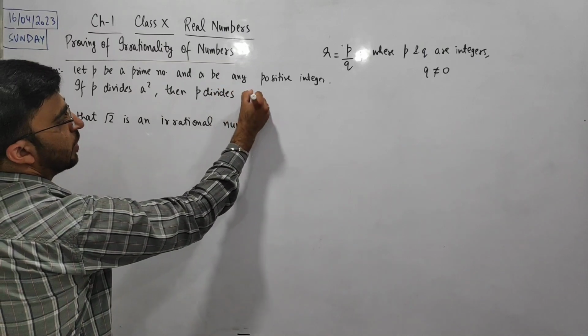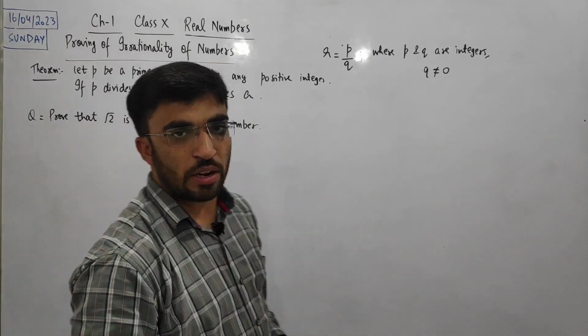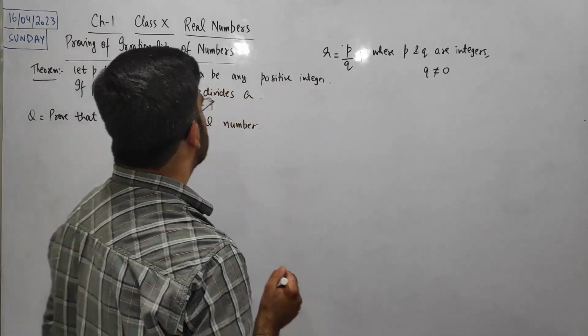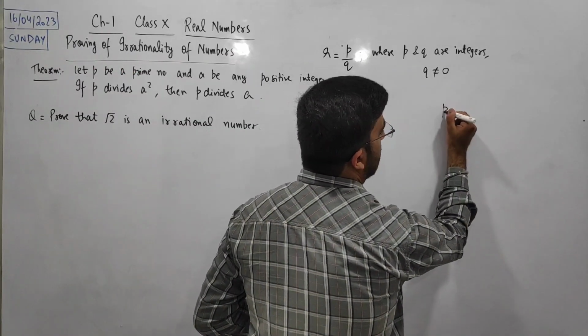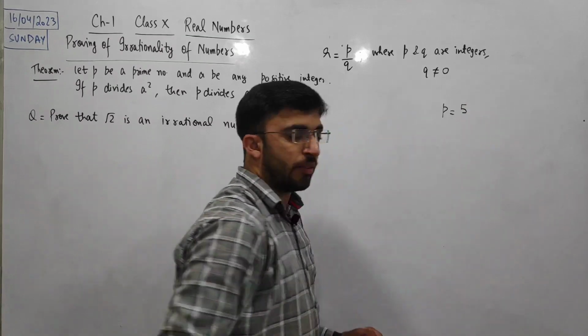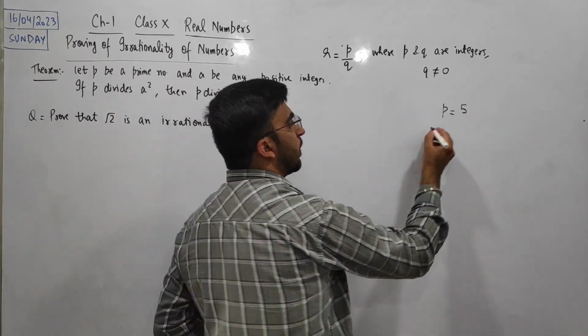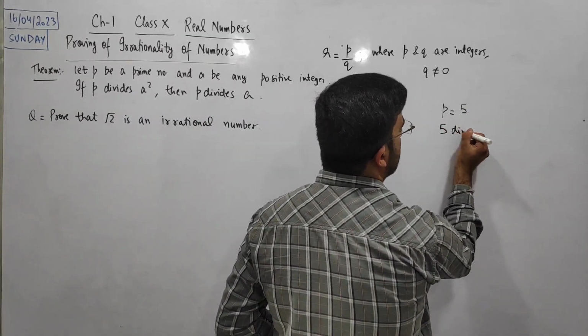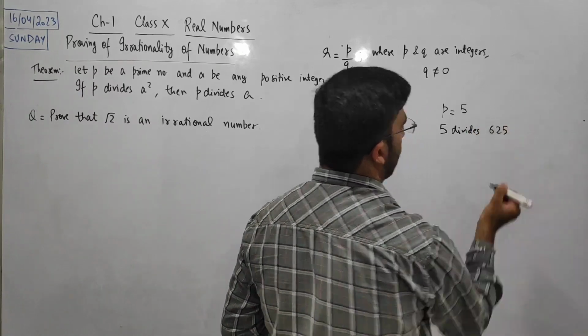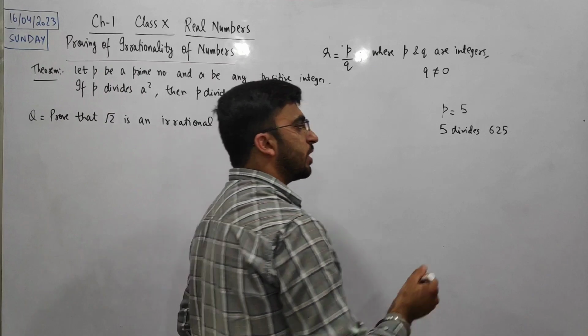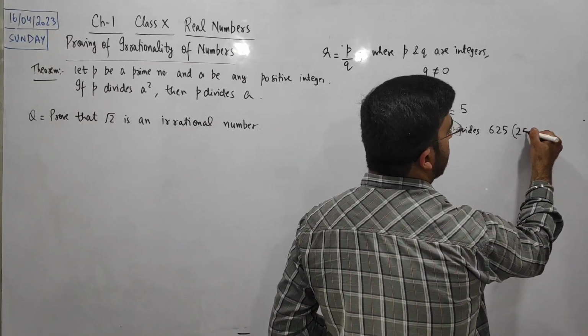Let us see this with an example, then you will understand better how to apply this in the questions. Let P be a prime number. Let us take P equal to 5. You all know that 5 is a prime number. So 5 is dividing the square of a number. Suppose 5 is dividing 625, and 625 is actually 25 square.